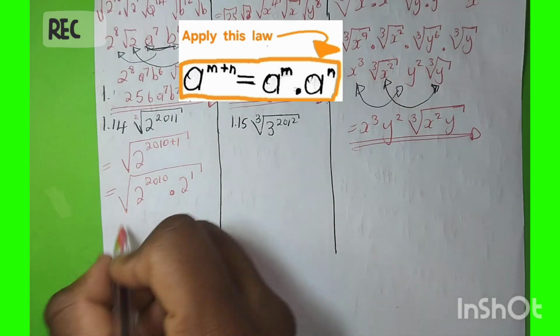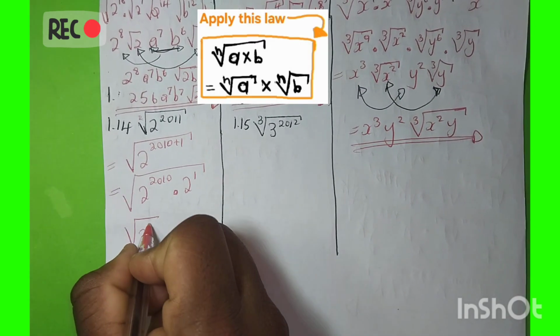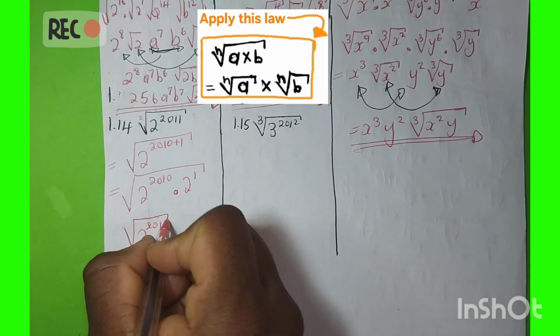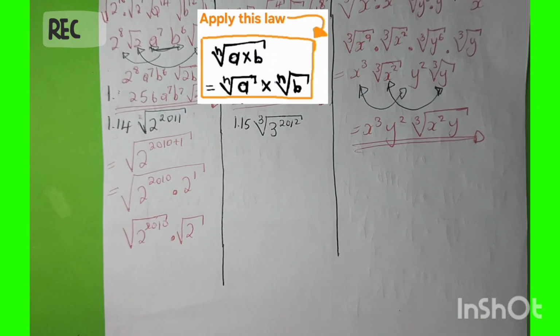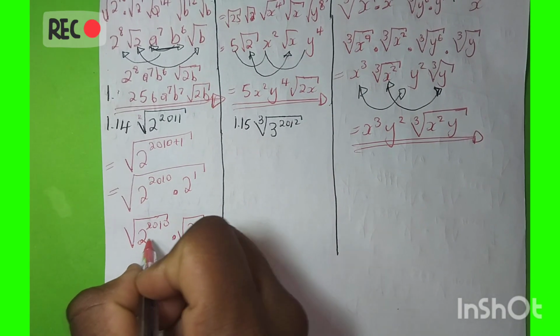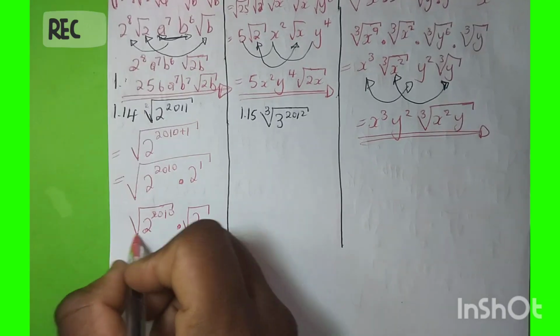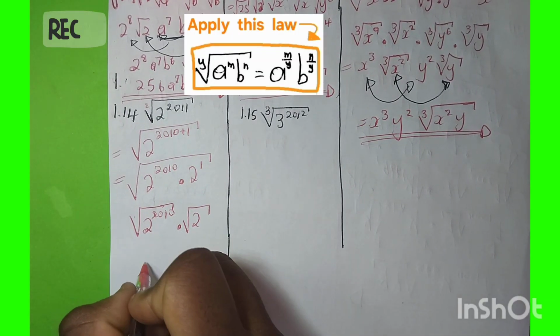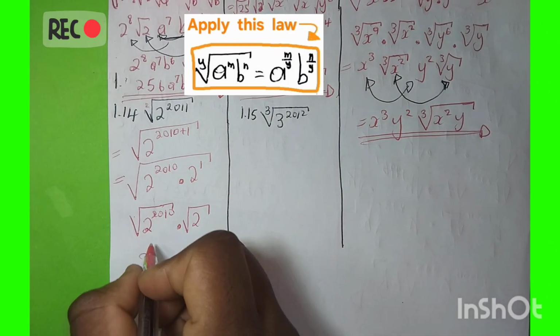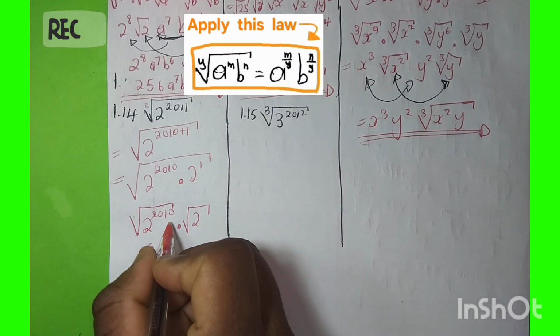Now I can apply the rule, which is 2 over 10, multiply by this. So now I can halve that number, divide it by 2, that invisible 2.